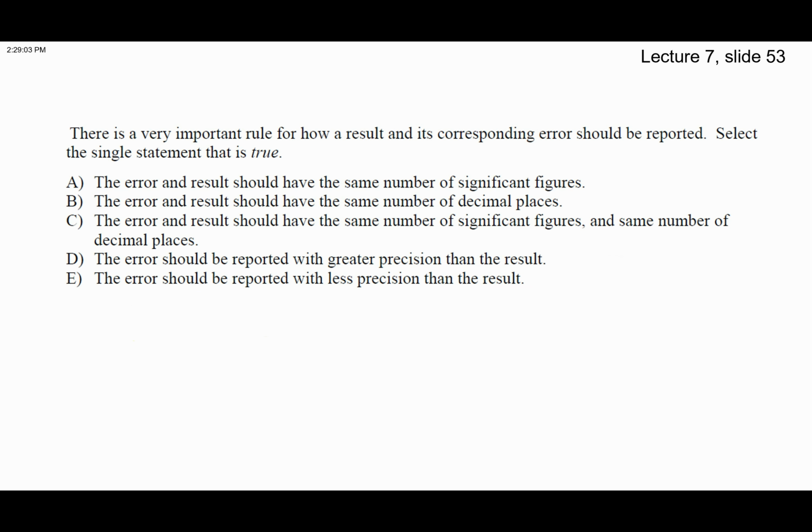There is a very important rule for how a result and its corresponding error should be reported. Select the single statement that is true. The error and the result should have the same number of significant figures. Let's see. 32.4 plus or minus 0.3. That's not the same amount of significant figures, and that number is right, so that can't be right.